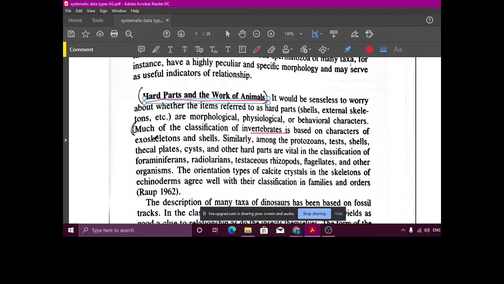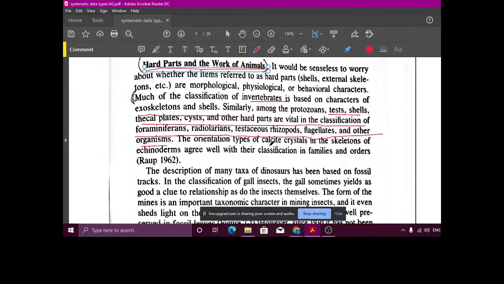In invertebrates, the shells and exoskeletons are important. Among protozoans, test shells, thecal plates, cysts and other hard parts are vital in the classification of foraminiferans, radiolarians, testaceous rhizopods, flagellates and other organisms. Then the calcite crystals in the skeletons of echinoderms.